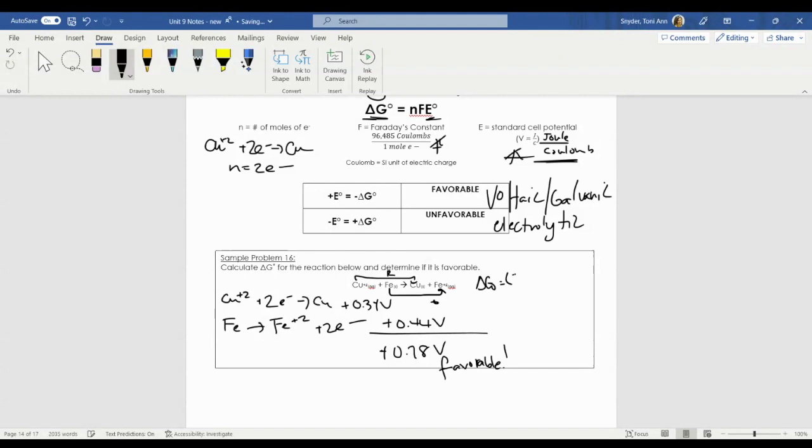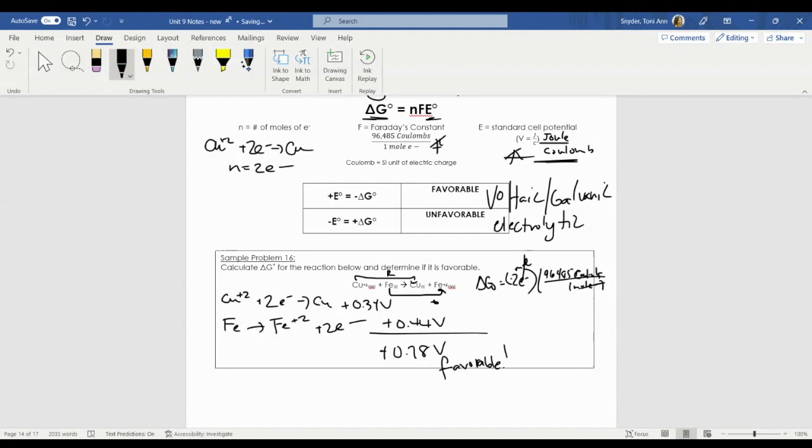So my n is equal to 2, technically 2 moles of electrons. Then I have my Faraday's constant. Faraday's constant is 96,485 coulombs per 1 mole of electrons. So in this case, moles of electrons do in fact cancel.